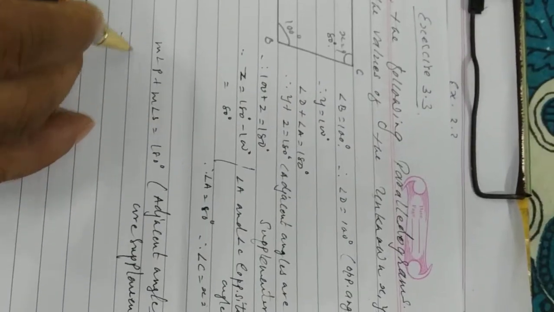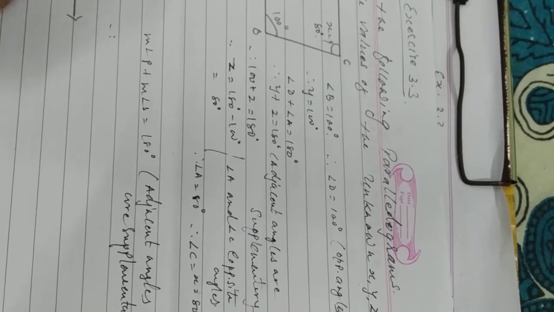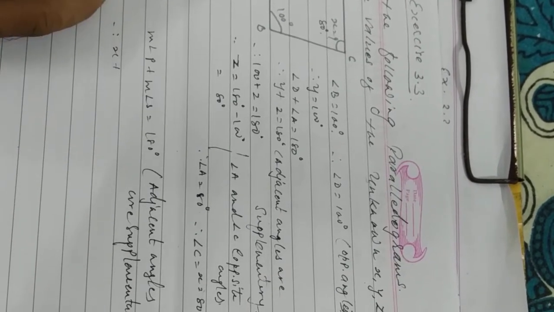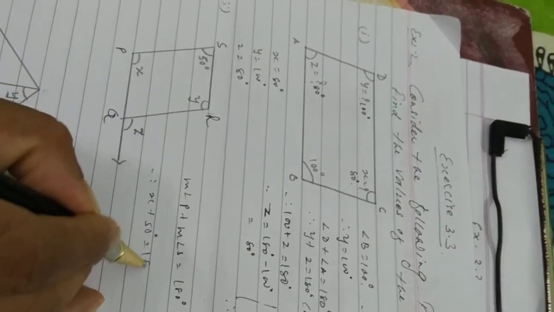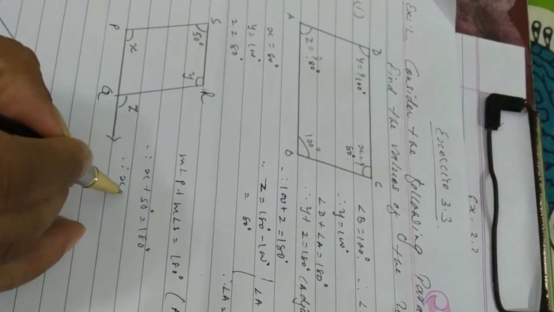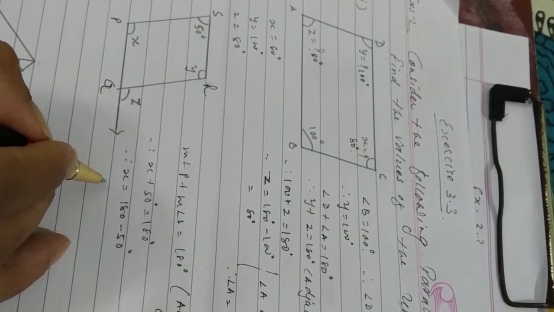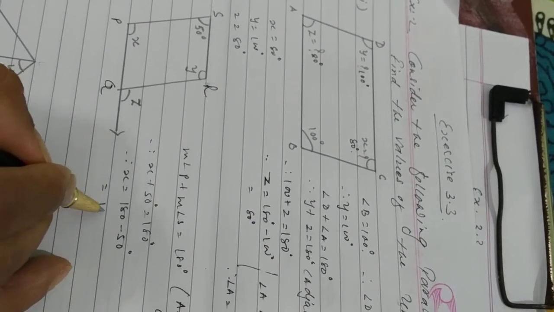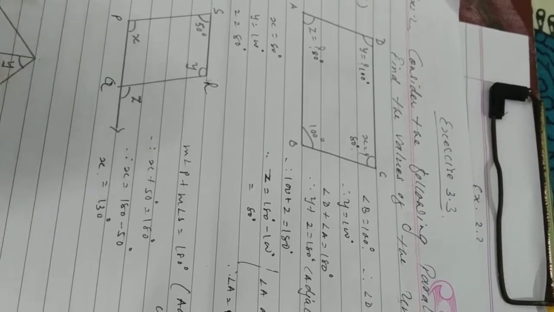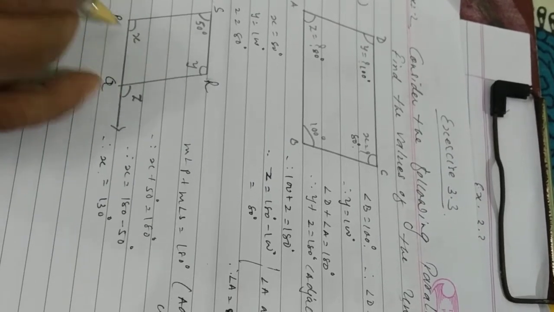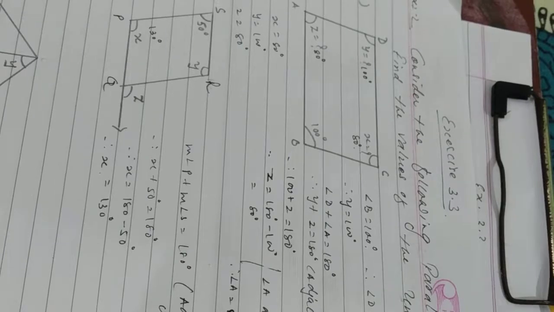Therefore angle P means x plus angle S, which is 50 degrees, is equal to 180 degrees. Therefore x is equal to 180 minus 50 degrees. So 180 minus 50, so how many degrees? 130 degrees. Therefore x is equal to 130 degrees.